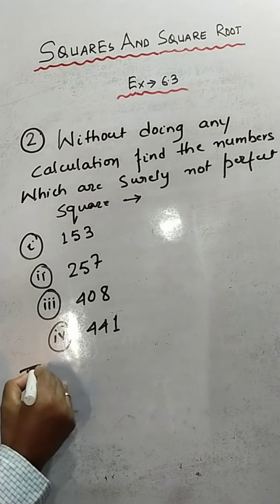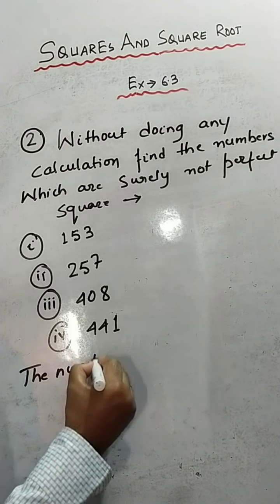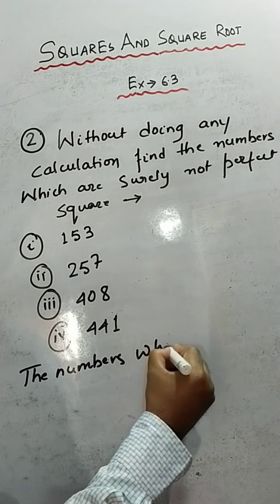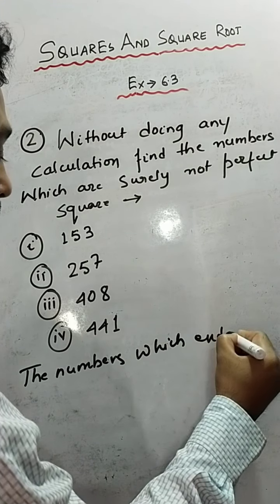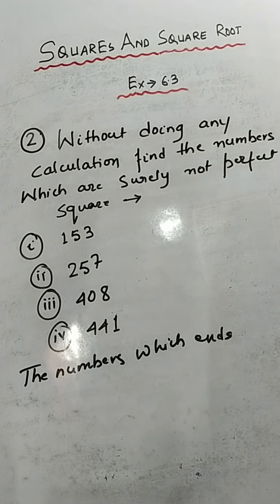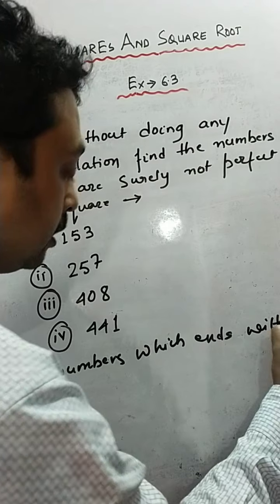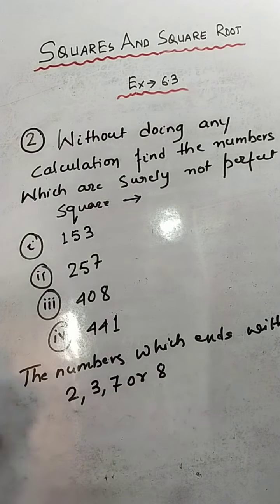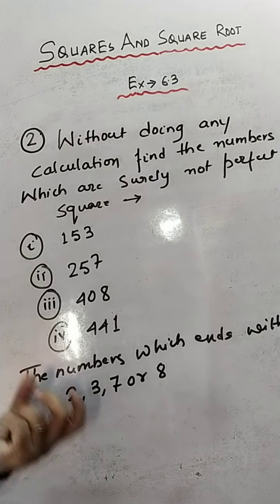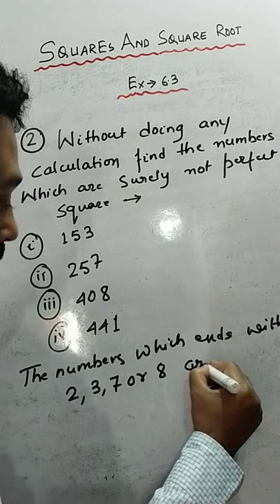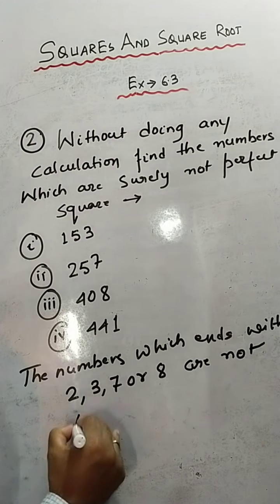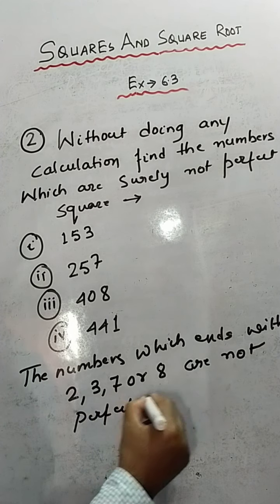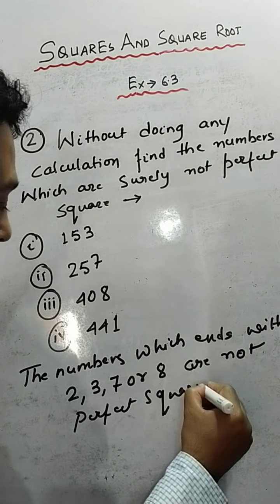We'll write this part: the numbers which end with 2, 3, 7 or 8 are not perfect squares.